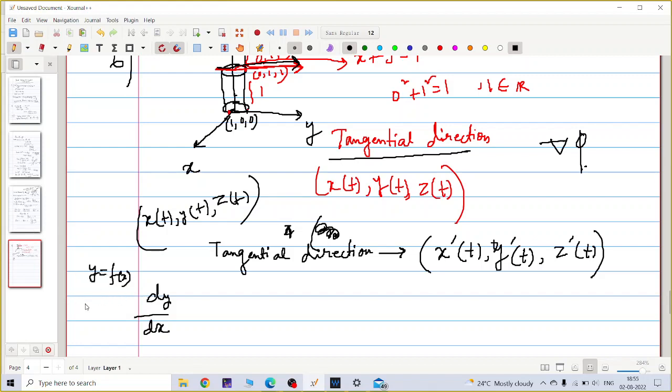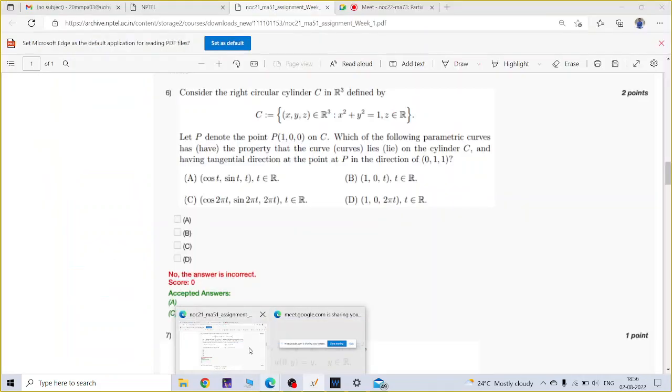Biplab or any other, dy/dx, if you know this. If a parameterization is there, I can write it as dy/dt by dx/dt. So component wise, it is a tangential direction, and component wise it is another tangential direction. Biplab or anyone respond?